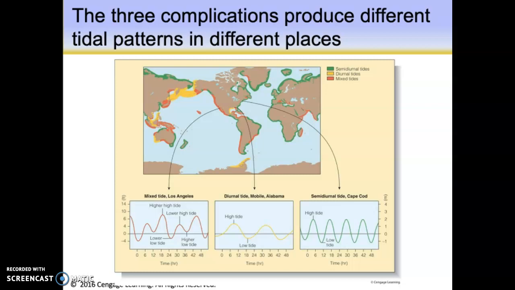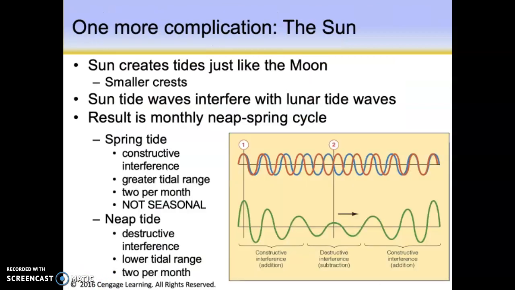But that's not all. There is one more complication, and that is one that we set off to the end here, and that is the sun. The sun creates its own tides, just like the moon does. The big difference is that the sun's tides have smaller crests.